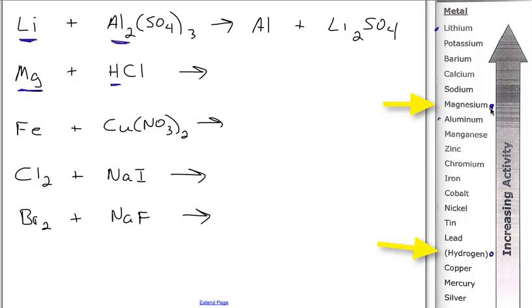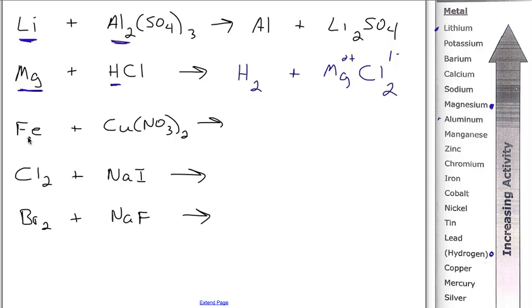And so the magnesium is higher than the hydrogen, and so the magnesium can replace the hydrogen, and so it does so. The hydrogen gets bumped out. Since hydrogen is diatomic, it will be H2, and the magnesium will combine with the chlorine. Magnesium has a charge of 2 plus, and chlorine has a charge of 1 negative, and so when you crisscross those, you get MgCl2.